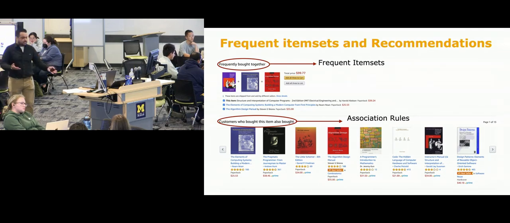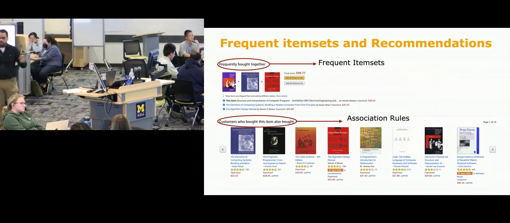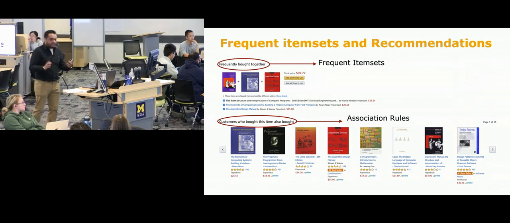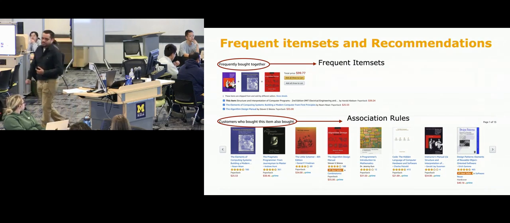You can see it's a conditional probability, moving from the book that you have in your cart to all of these books. These are the most confident association rules, so it shows them in some order. I think it's most likely an unranked order, at least in my experience when I use Amazon to buy such things.